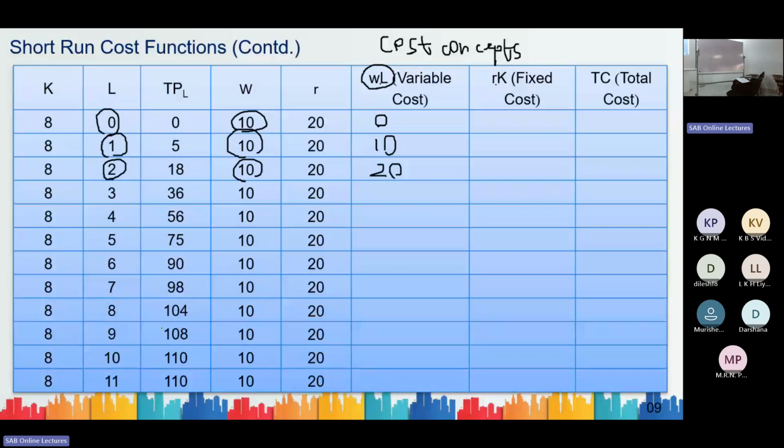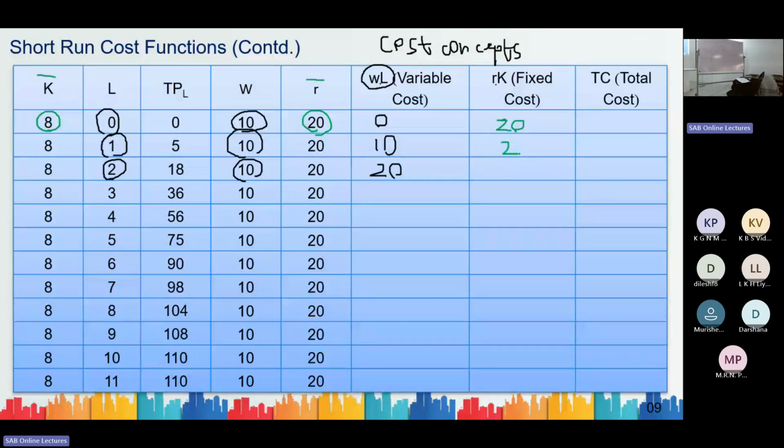Then we can calculate the fixed cost. Fixed cost is capital amount multiplied by the rental rate. 8 into 20, sorry, this should be 160. As I explained before, the capital input is always fixed. Rental rate is also fixed.